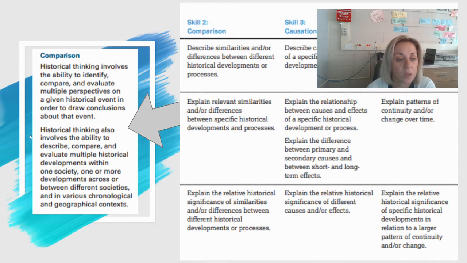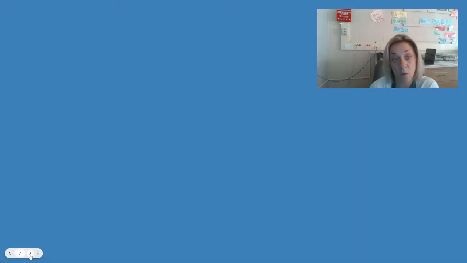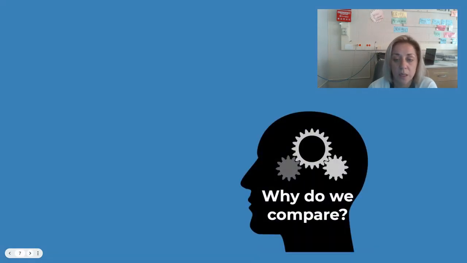Historical thinking involves the ability to describe, compare, and evaluate multiple historical developments within one society, or across or between different societies, and in various chronological and geographical contexts. We are going to focus on how Greece and Persia were influenced by their geography, either similarly or differently, in the specific categories.